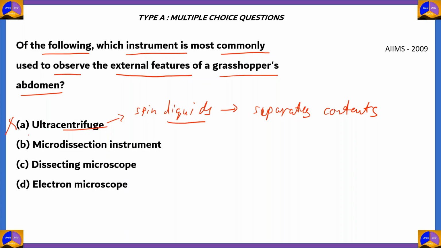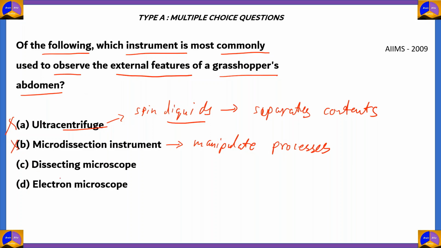What about option B, microdissection instrument? Now this is used to manipulate processes such as reproduction, immunization, etc. in microorganisms, but it doesn't really help in observing the external features. So option B is incorrect.